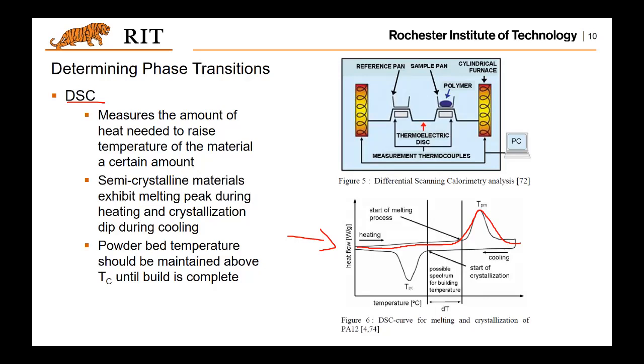That is very interesting. You cannot just use one curve to predict the behavior of the material during this process, because during the process there will be both heating and cooling happening to the thermoplastic powders. You want to check both curves to give you some ideas.